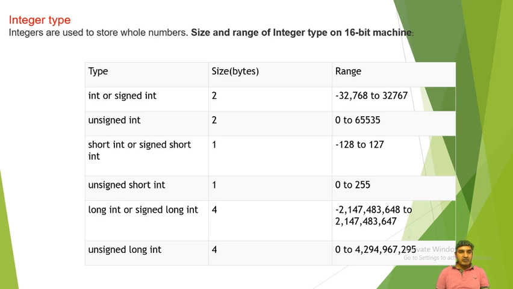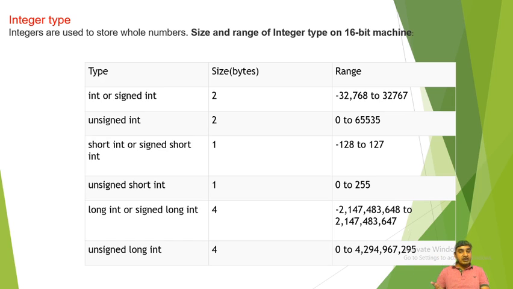Now similarly we can find the range of the different integers. If we consider long integer or signed long integer, it is 4 bytes, which indicates that it is 32 bits. So we can determine the range from 2 raised to 32 minus 1.